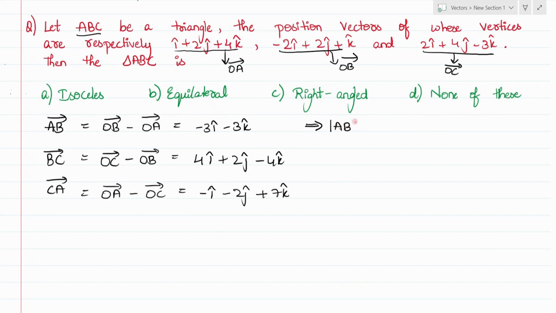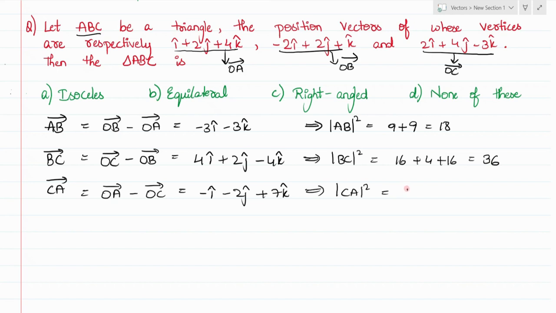So AB square is nothing but 3 square, that is 9, plus 3 square, 9, which gives you 18, and BC square is 4 square, 16, plus 2 square, 4, plus 4 square, 16, which gives you 36. Next, the magnitude of CA square is 1 plus 4 plus 49, which is nothing but 54.